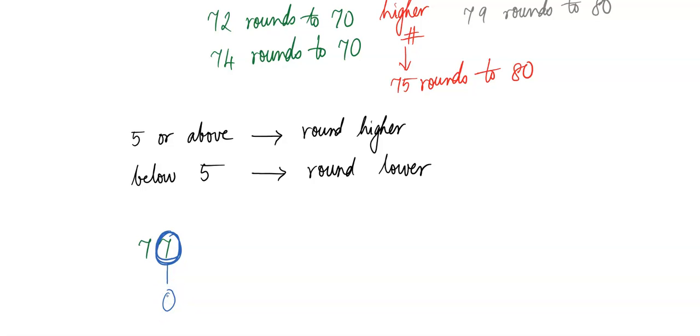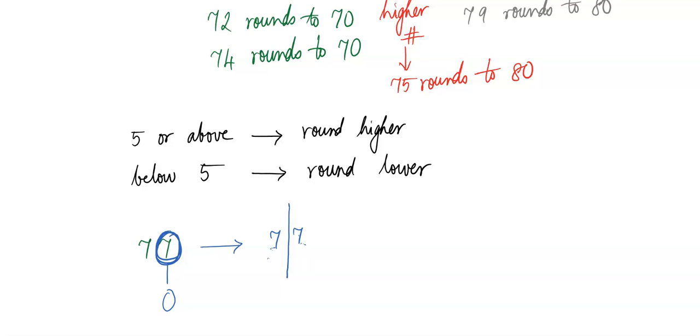When I say I'm rounding it to the nearest 10, this 77 should either become a 70 or an 80, right? In either case, this becomes a 0.